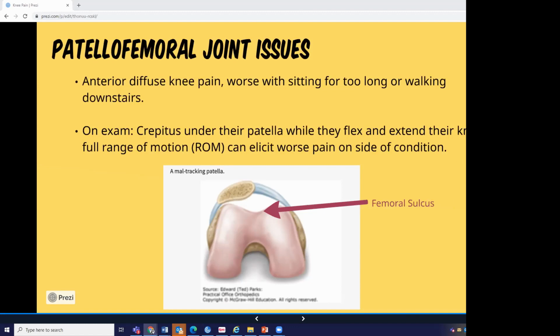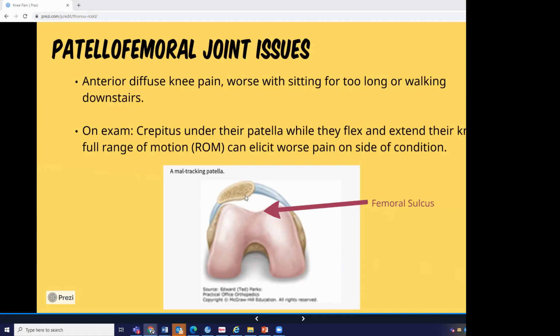Usually as the knee goes through its normal extension and flexion range of motion, our patella glides in a sulcus that's called the femoral sulcus. It's a very shallow groove and it is covered by a thin articular cartilage. It's actually helping that patella move around the femur.